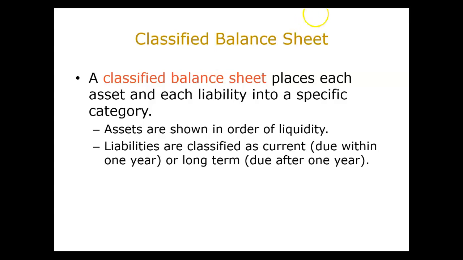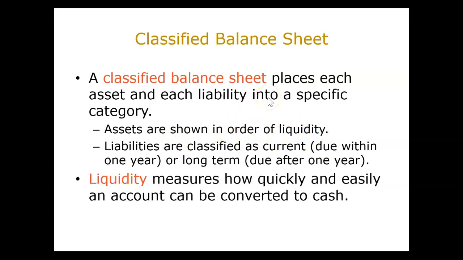And liabilities are classified as current, which means they are due within 1 year, or long term, which means they are due after 1 year. So the current cutoff line is 1 year. Liquidity, when I say assets are shown in order of liquidity, measures how quickly and easily an account can be converted to cash.